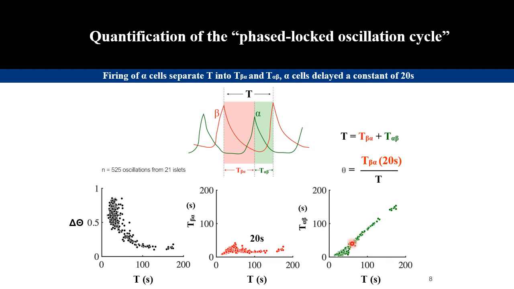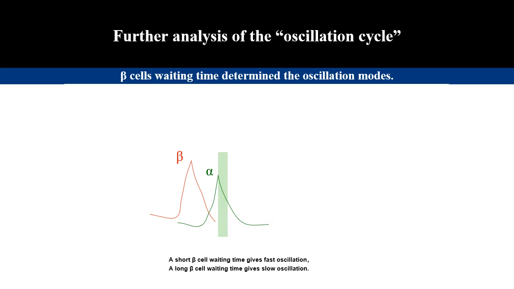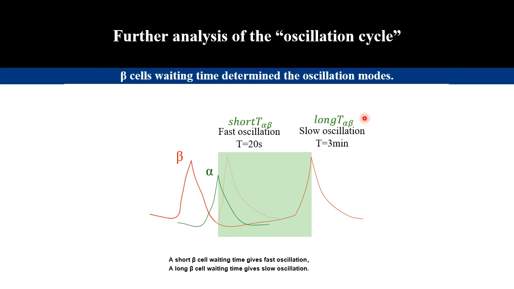However, the waiting time of beta cells is linearly correlated with the period, which tells us the waiting time of beta cell actually determines the period T. So here, if the beta cell waits a short time, then the islet shows fast oscillation. If the beta cell waits a longer time, then the islet shows slow oscillation.